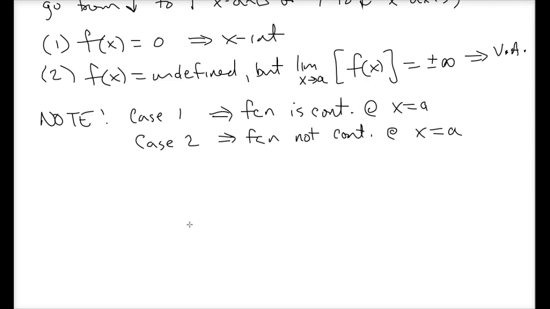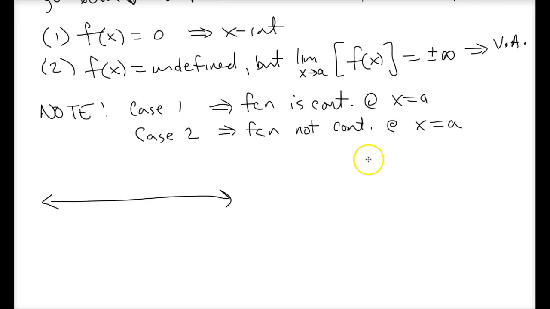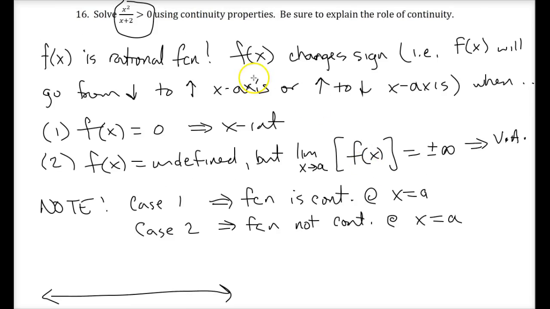And now let's go ahead and employ the test interval method. So doing the test interval method, we note that for our function, and I'll go back up here so that we can see it, the zeros of the numerator are going to be where our x-intercepts are, and the zeros of the denominator are where our vertical asymptotes will be.